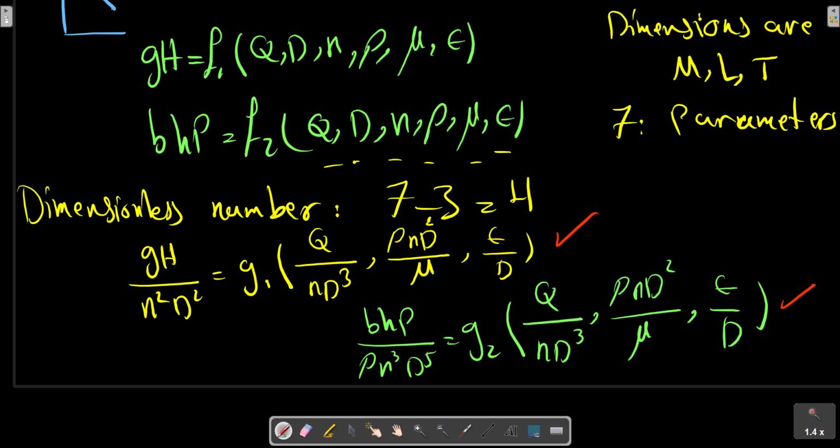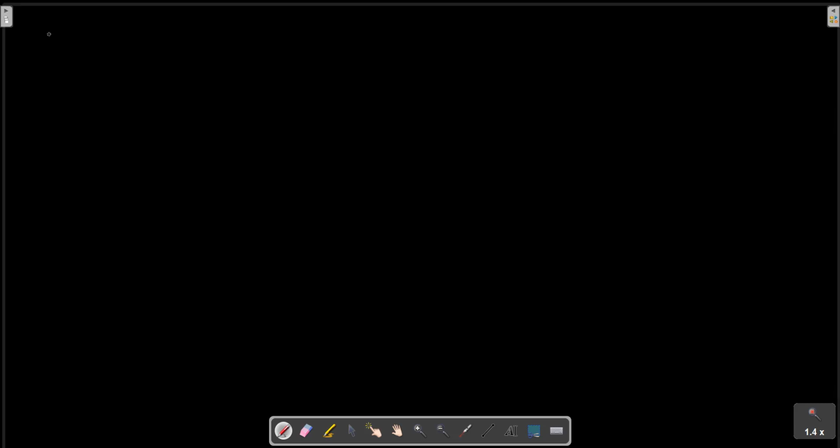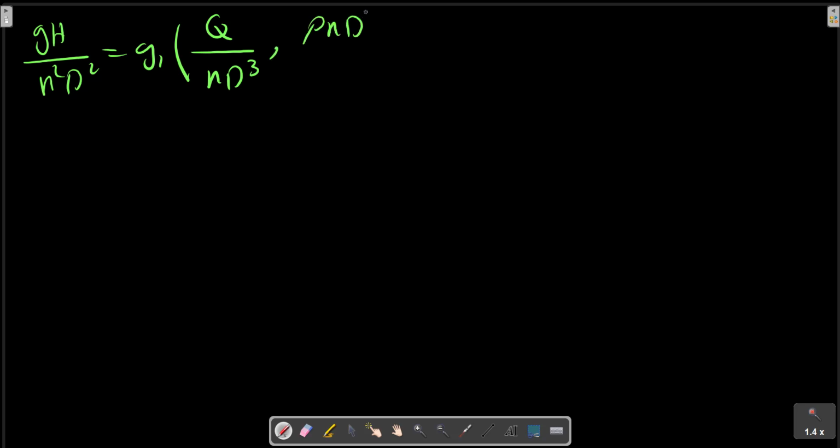In these two relations, let me write again the relations: gH on N^2 D^2, Q on N D^3, rho N D^2 on mu, where N is the shaft speed, note that, and epsilon on D.